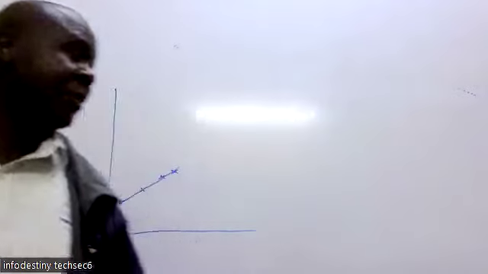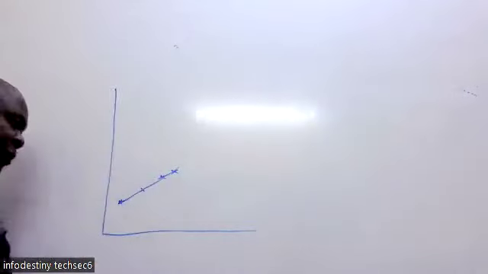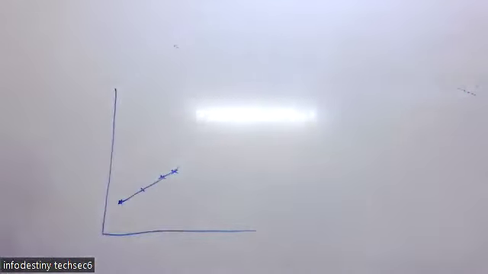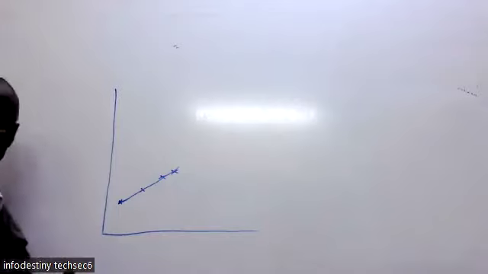Now, it means that immediately you have those particular points, you're going to take less time when you compare with the bar, which is going to take more time. So it means that when you deal with the line graph, it's going to save your time.